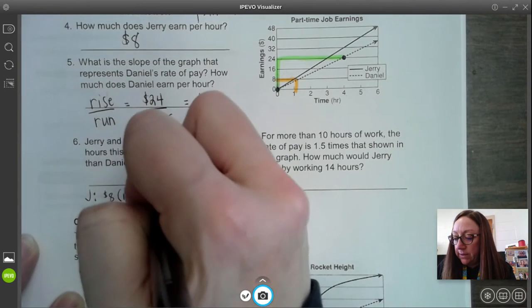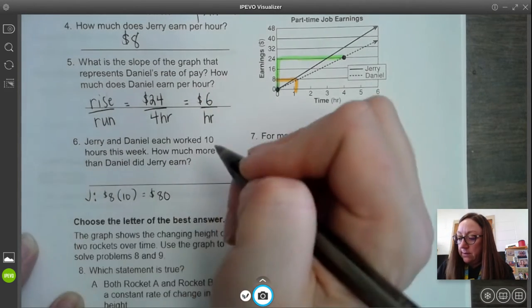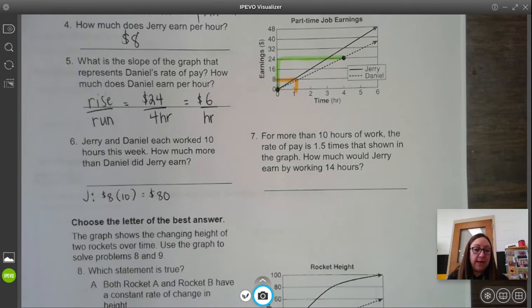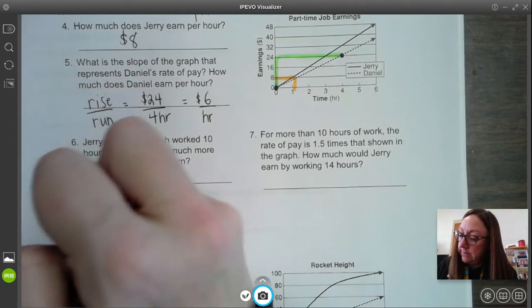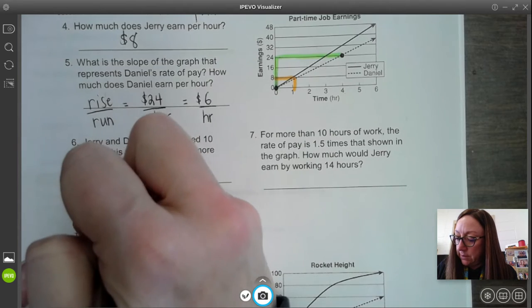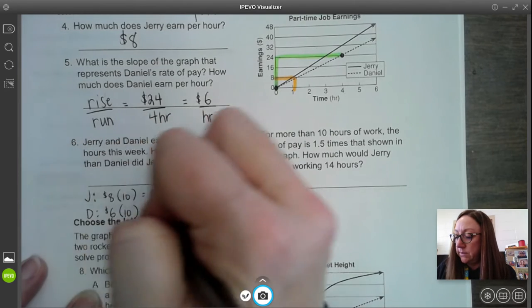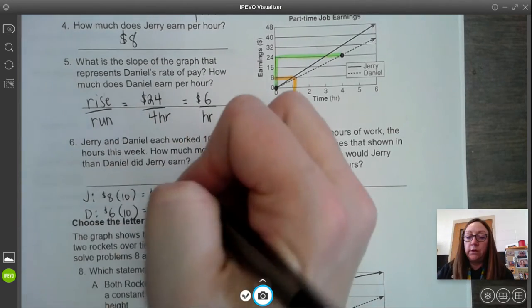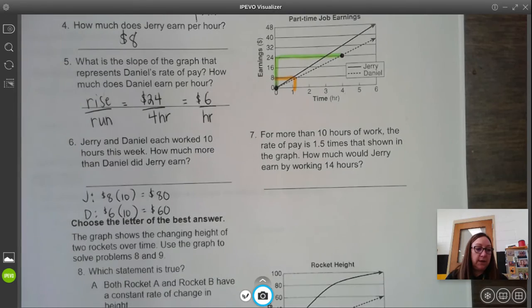So if I multiply those, Jerry's earnings would be $80. Okay, Daniel makes $6 per hour, and he worked for 10 hours. So that means he earned a total of $60 in earnings.